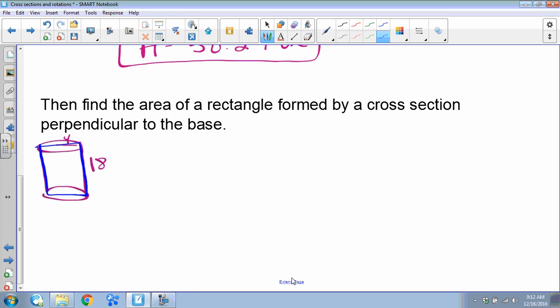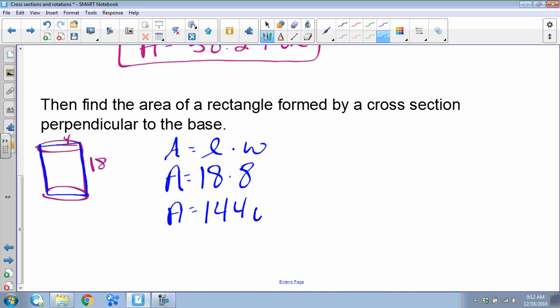And to find the area of a rectangle, it's length times width, correct? So area equals length times width. Well, the length we'll say is 18. What's the width? 8. It's the diameter of the whole thing. So 18 times 8. So area is 144 square inches.